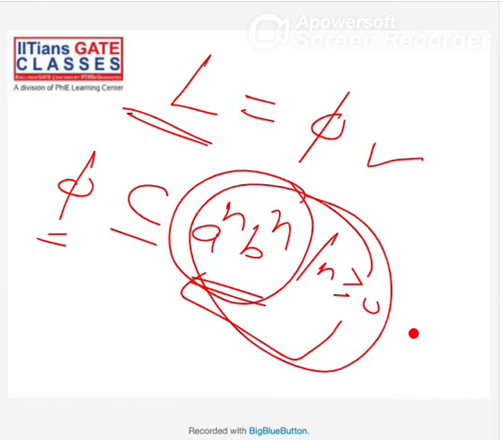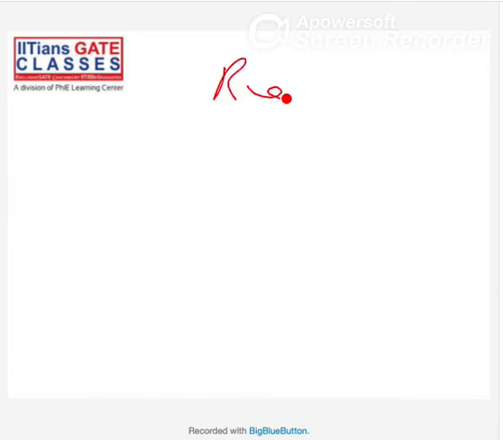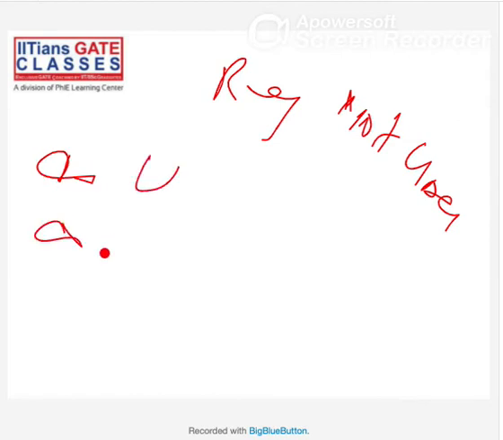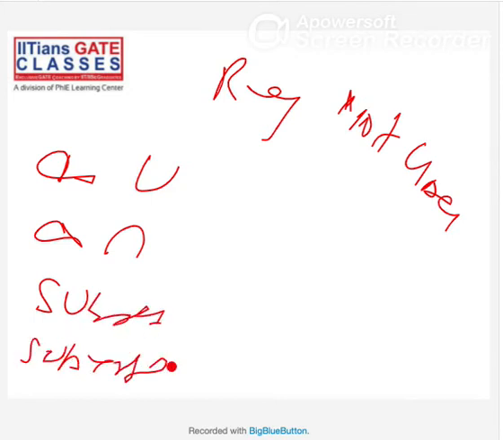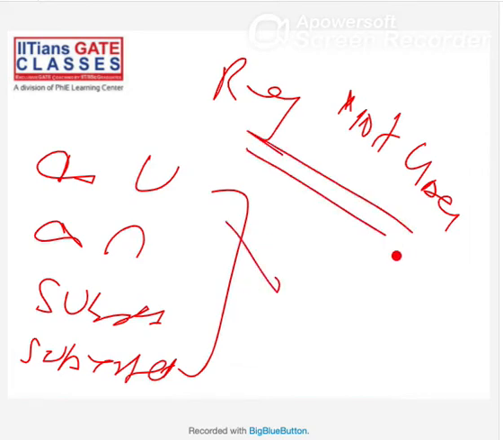Anyone has any doubt in this? So this is how you can prove that regular languages are not closed under infinite union, infinite intersection, subset, and superset. These are the famous operations under which regular languages are not closed.